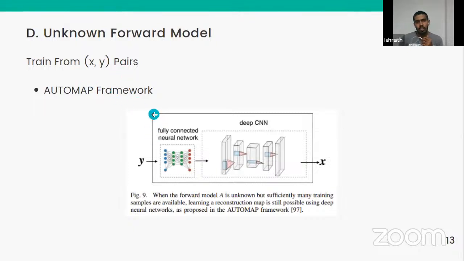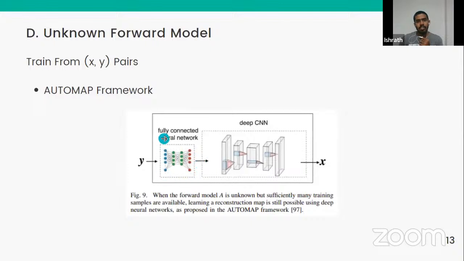Looking at the top, what we can observe is they are trying to capture the inverse mapping from Y to X from this training pair. They have a fully connected neural network in the first stage and a convolutional deep neural network in the second stage.